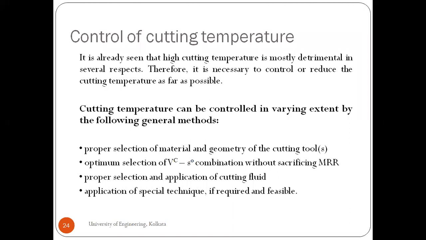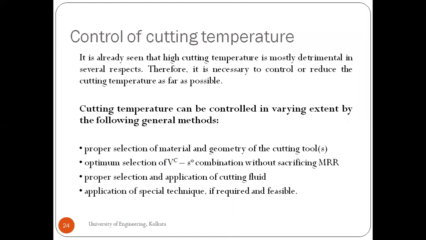So these are the special techniques. There are many other special techniques like this that can be used in order to reduce the cutting temperature at the cutting zone. Now, when you're heating the workpiece, that is not the cutting temperature.